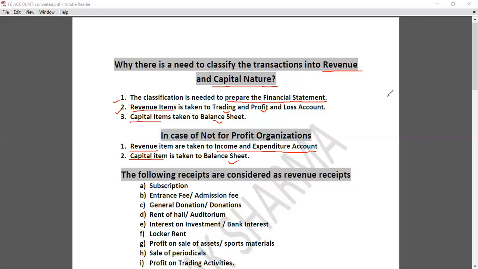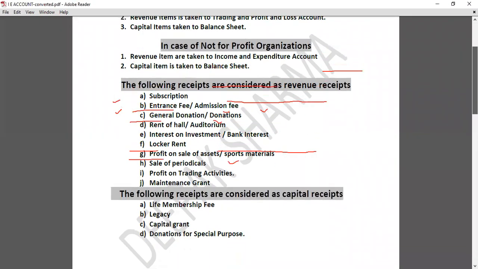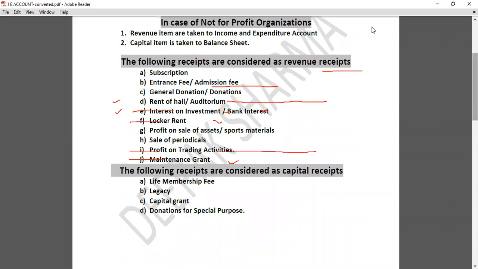Now, for your ready reference, I have prepared a list so that it will become easier for you to understand which items will generally be taken to the income and expenditure account.